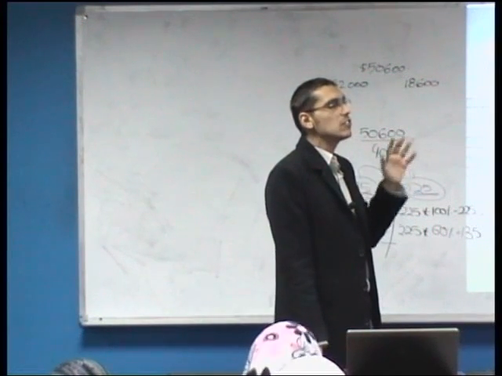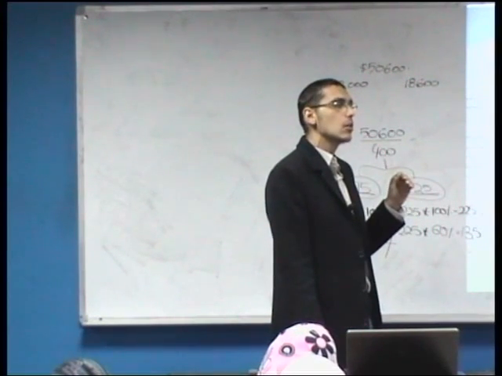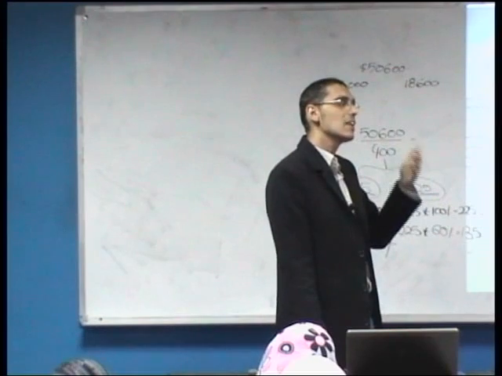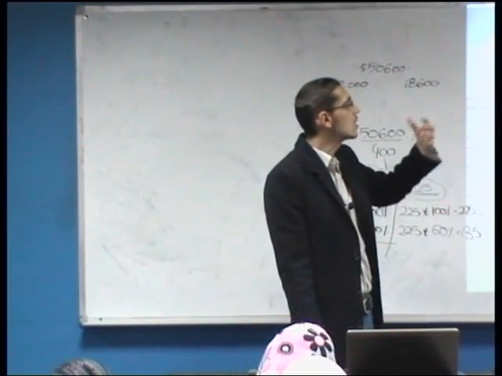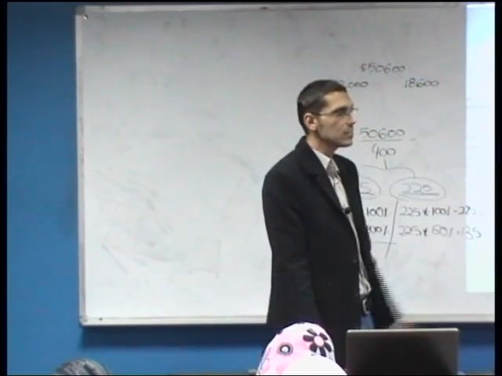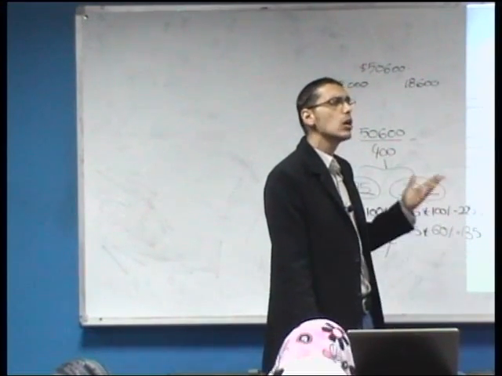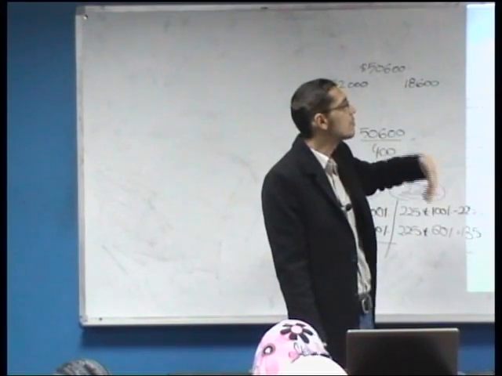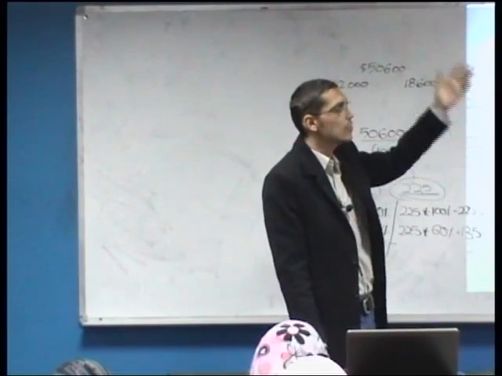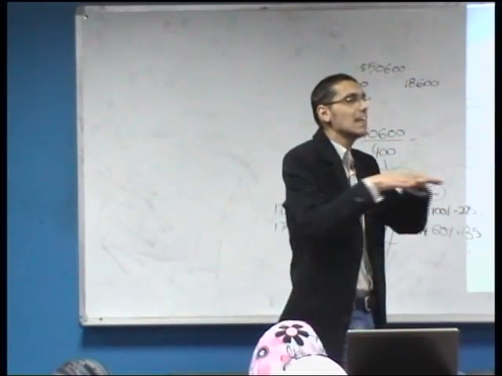Would the beginning inventory be finished first, and then the manufacturing would start on the 275? Or would the manufacturing and the completion of the 275 and the 225 be at the same time?